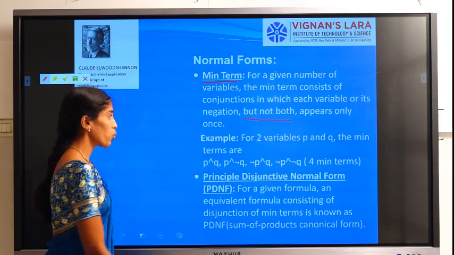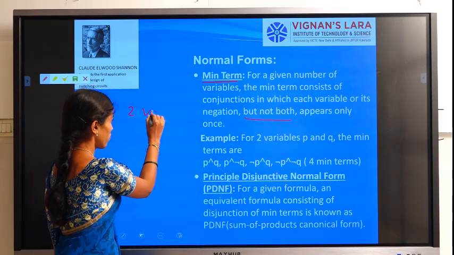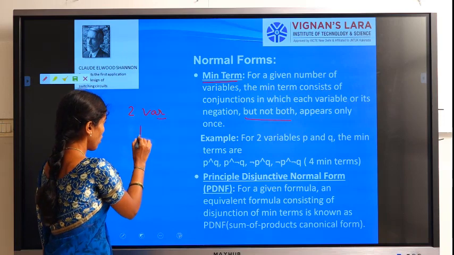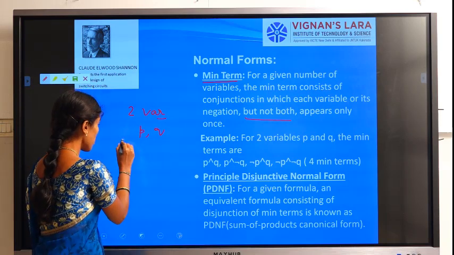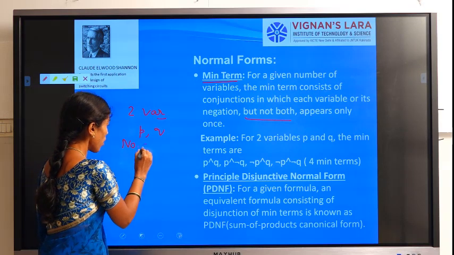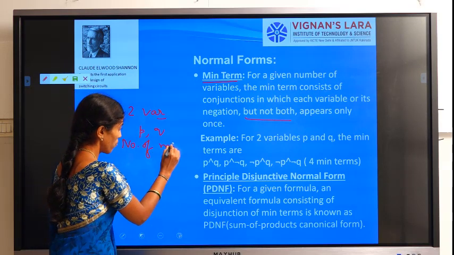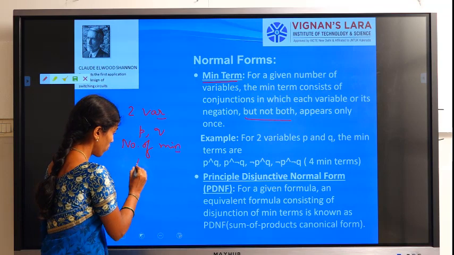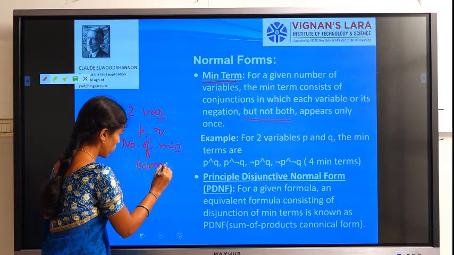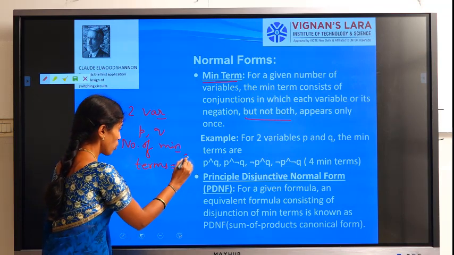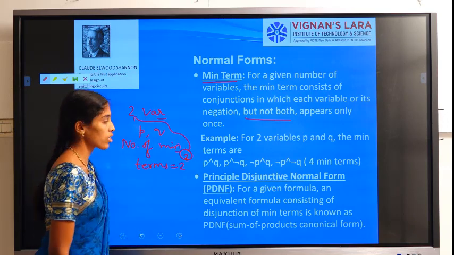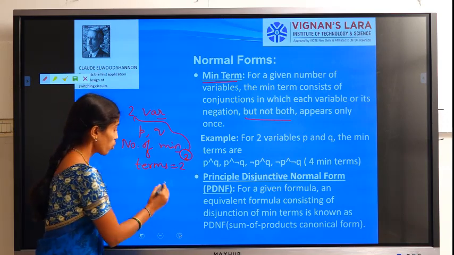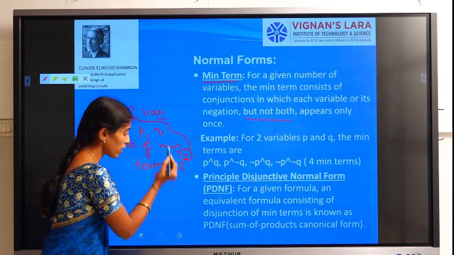If we consider the two variables P and Q, the number of min terms is 2 squared. This 2 represents the number of variables in the proposition. So 2 squared means we have 4 min terms.